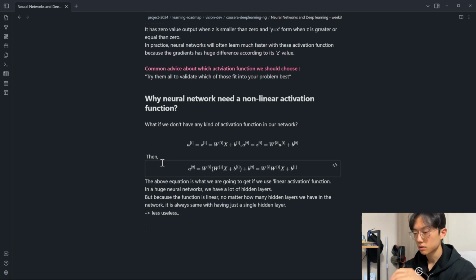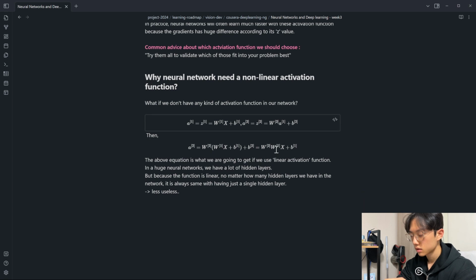Lastly, the reason that we need a nonlinear activation function in a neural network is that, as you can see, if we just substitute our activation function with a linear function, the previous layer just stacks into the next, and we can extract out W1 and b1 using the linear closure property.